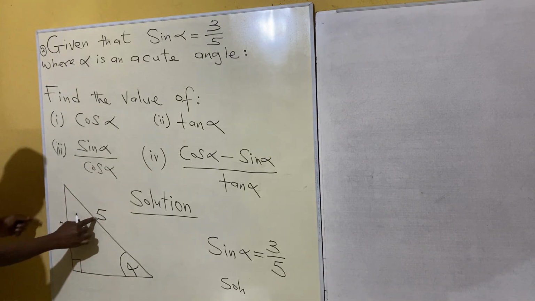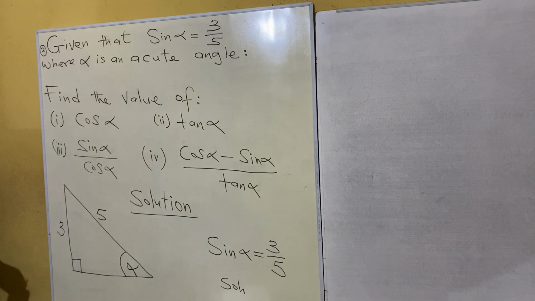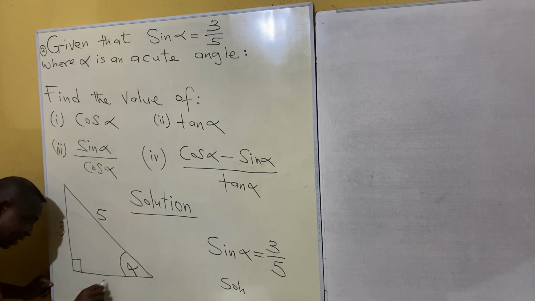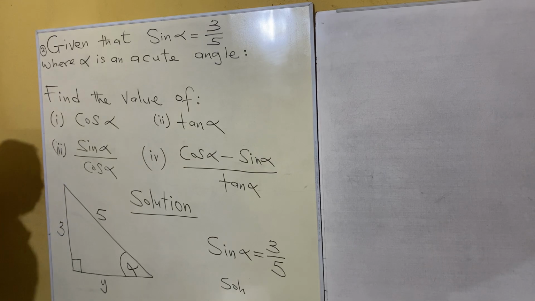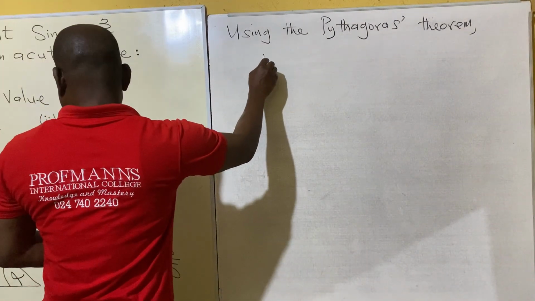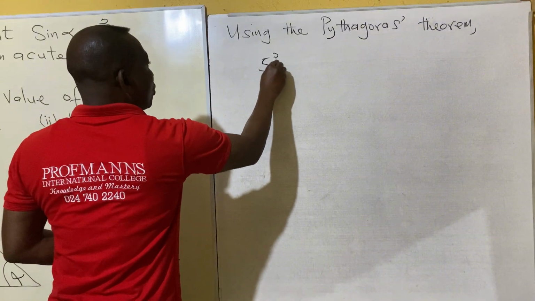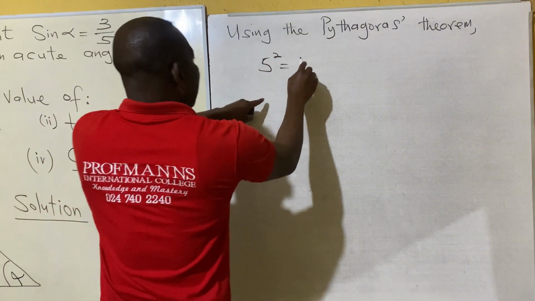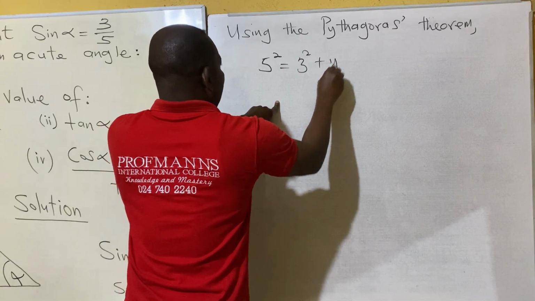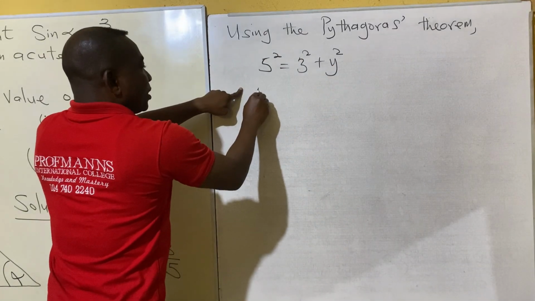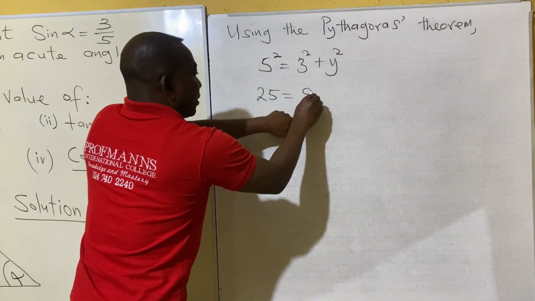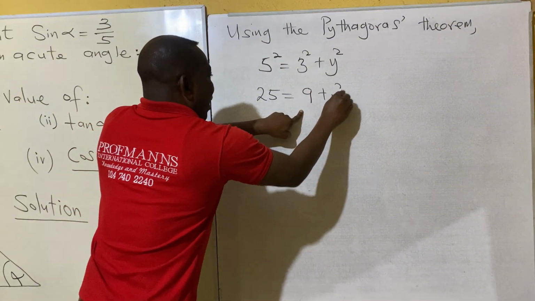So we have to calculate for the other side, which is the adjacent, before we can proceed. So let's give this side, the adjacent, to be y. Using the Pythagoras theorem, we have the hypotenuse, which is 5 squared, is equal to the opposite, which is 3 squared, plus the adjacent, which is y squared. 5 squared gives us 25 is equal to 9 plus y squared.